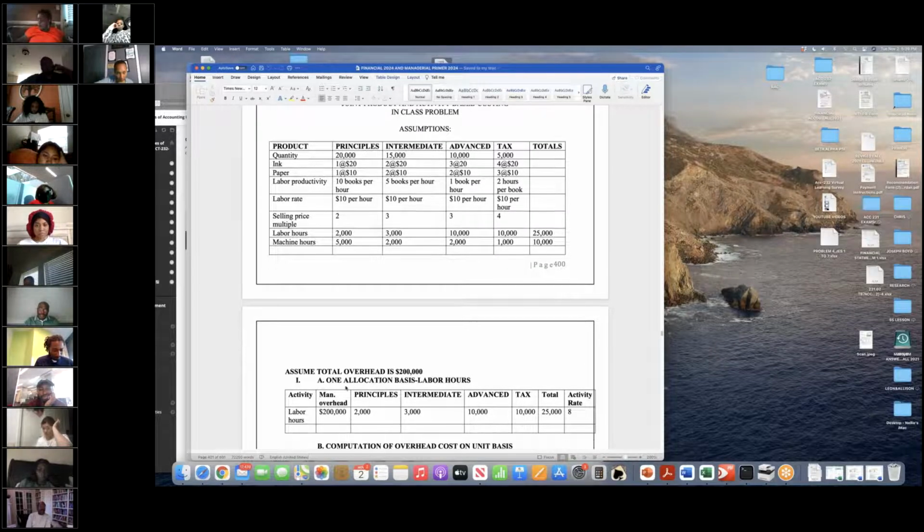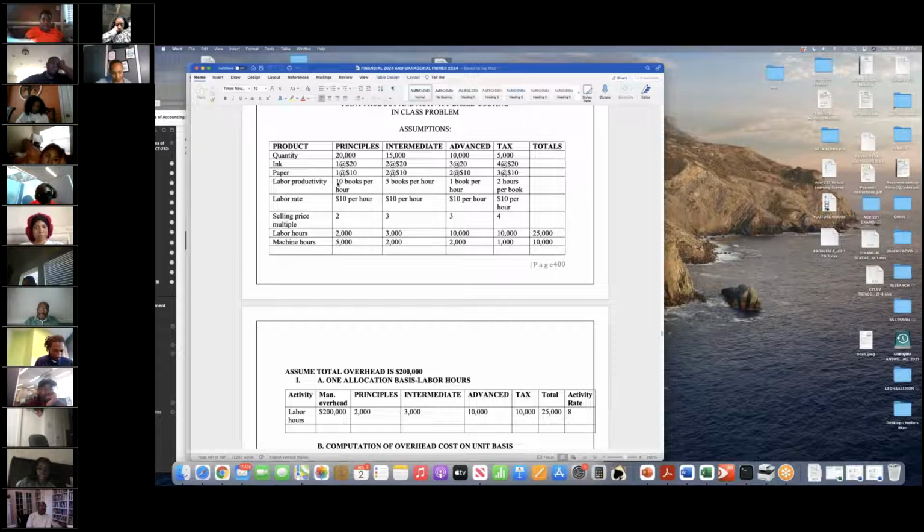And the first thing we do is our manufacturing overhead is $200,000. That's in the assumption. That's what we put here. Does everyone see the $200,000? Then we're going to pick up the hours per book.